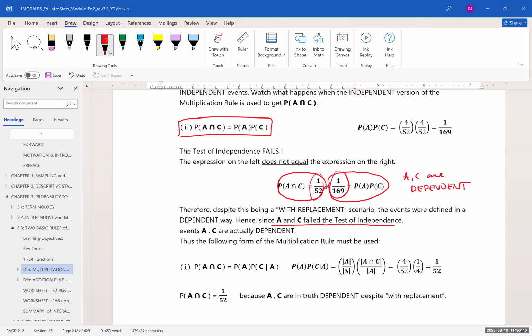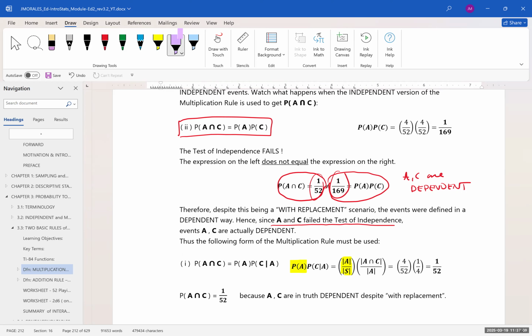So when two events fail the test of independence, then we have to use this other multiplication rule equation in order to calculate the probability. So we've got the probability of A, which will be the order of A divided by the order of the sample space.